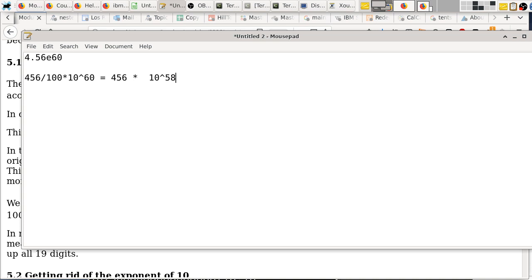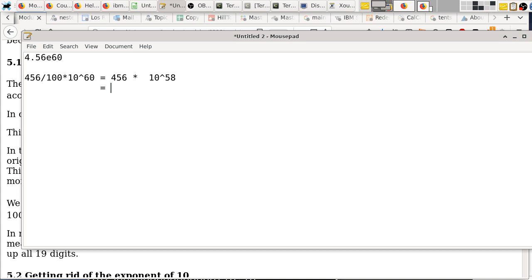So eventually what we want to do is to get rid of the power of 10. We want to get rid of 10 to the power of 58. Or you can say we want to decrease the power of 10 from 58 all the way down to 0. That's what we want to do.